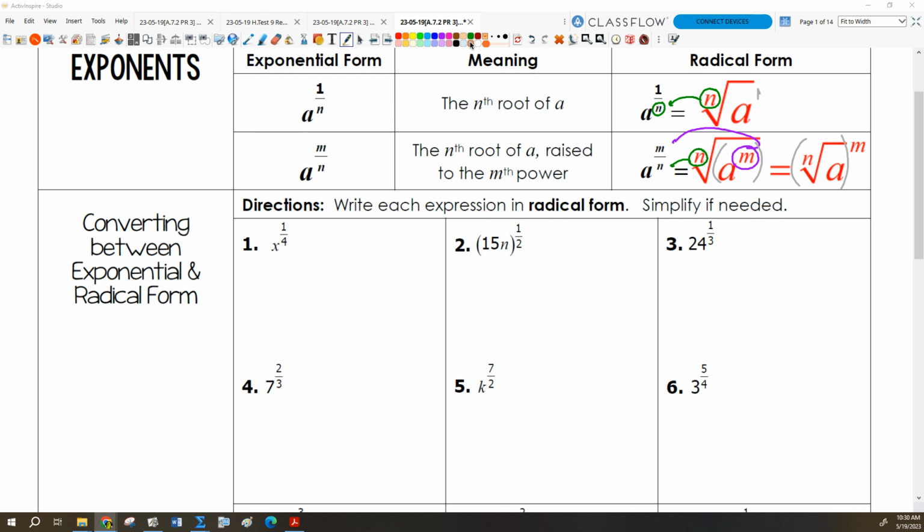Are you going to take the root first and then exponentiate, or exponentiate the a and then take the root? The outcome is the same either way. They both would be written as a to the m over n. Usually that first one's a little bit easier to write, to keep the exponent inside the radical. Then it's less confusing visually. So usually we just go with that one, but they both mean the same thing.